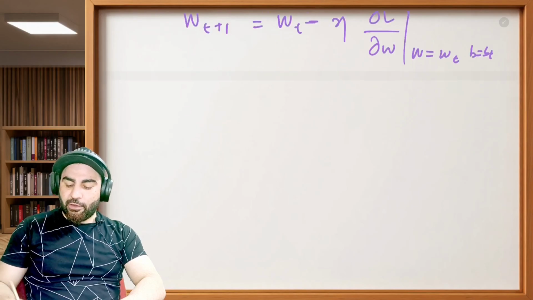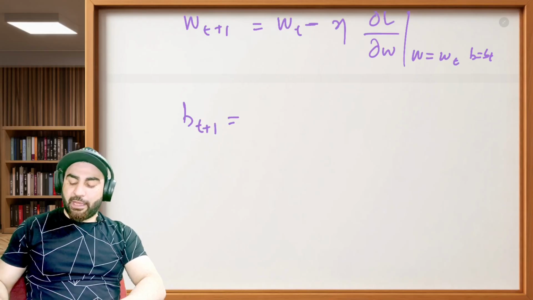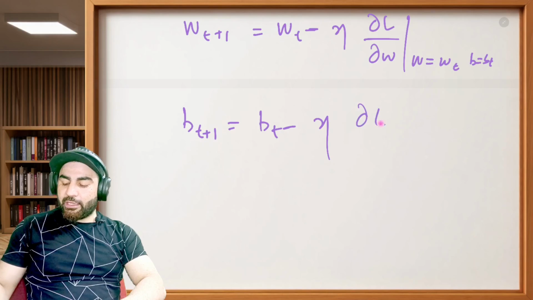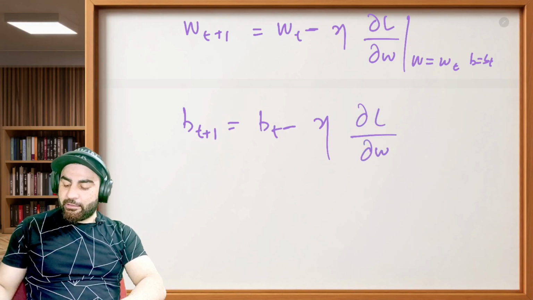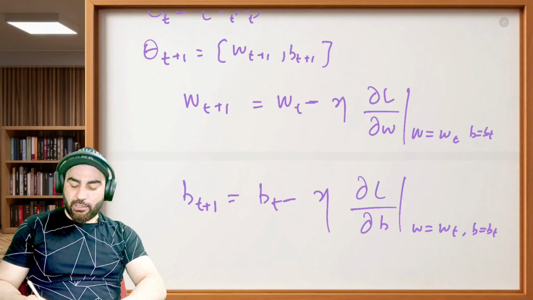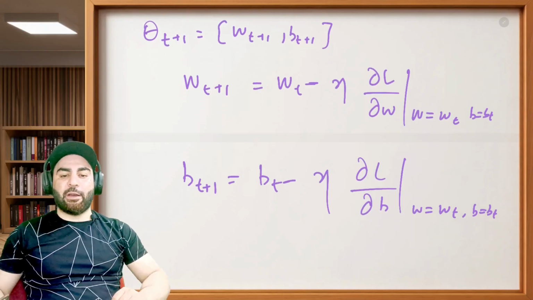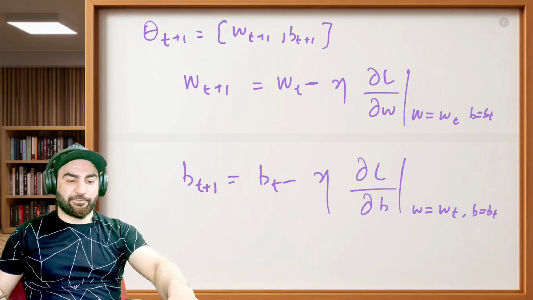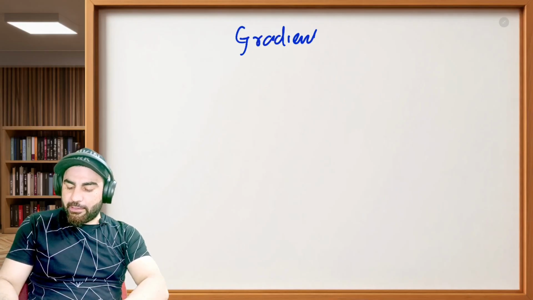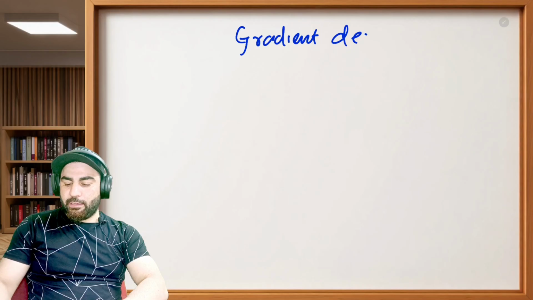And similarly for the bias term, the updated bias should be equal to the initial bias minus the learning rate times the gradient with respect to the bias, at W equal to W_t comma bias equal to b_t. This is what you have to do. So I pinned down everything. How many of you understood this? Now finally we can write the gradient descent algorithm.